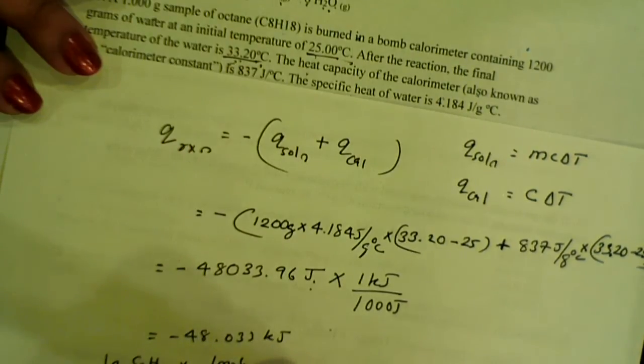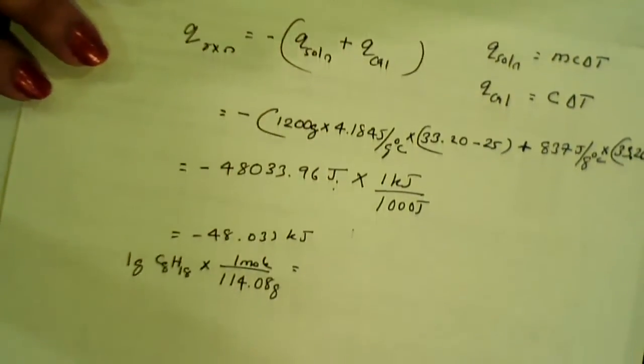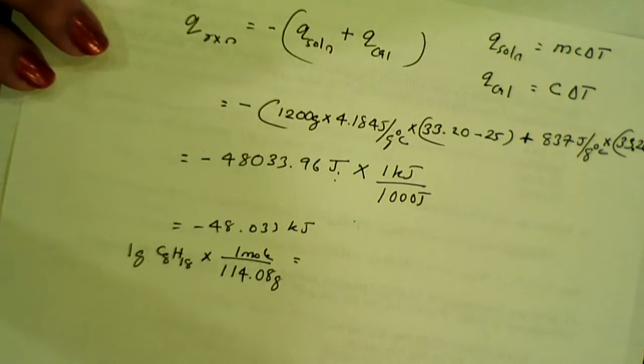So the molecular mass for octane is 114.08.